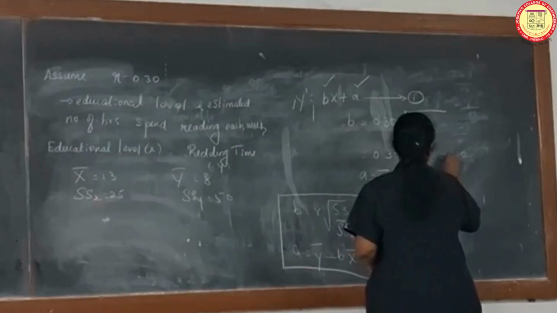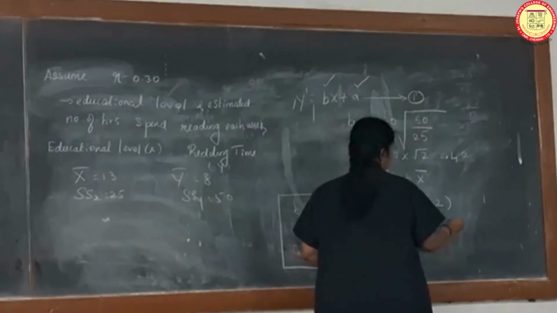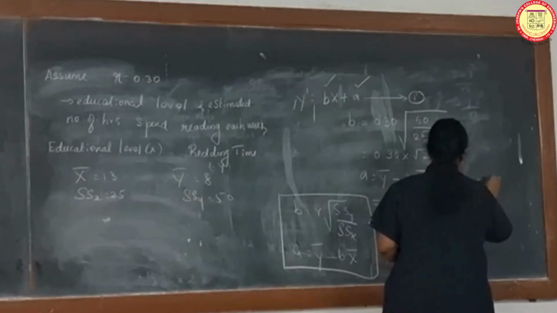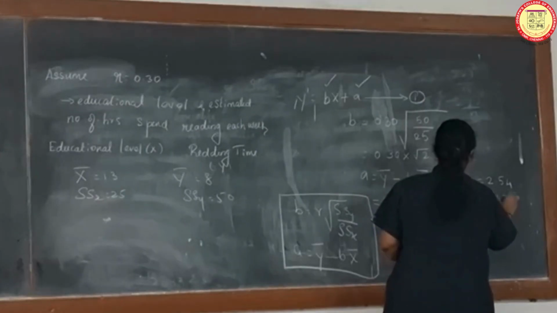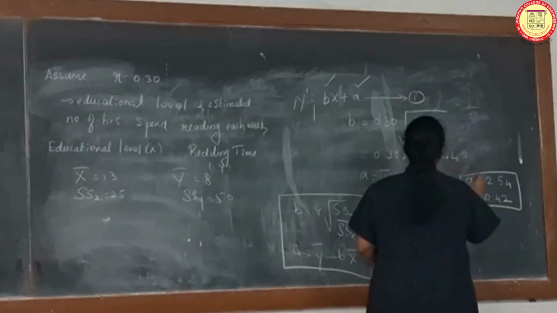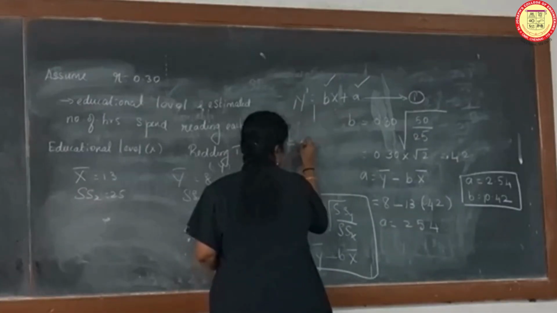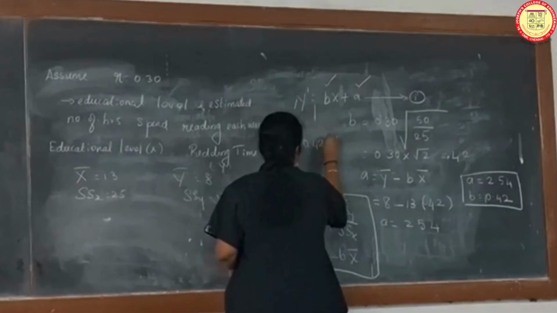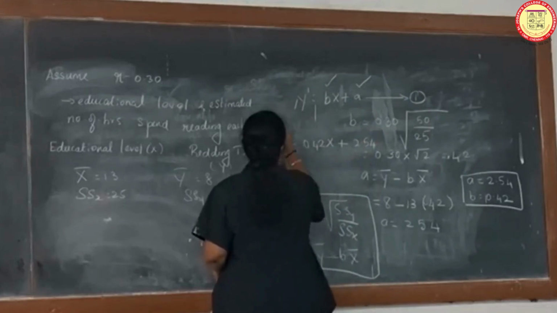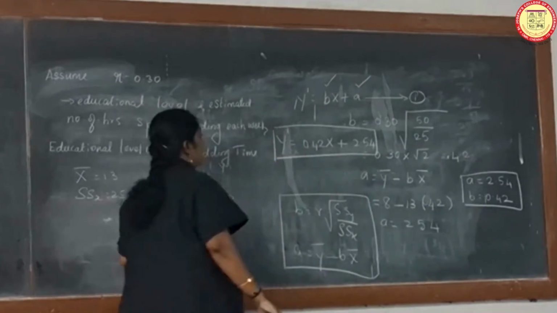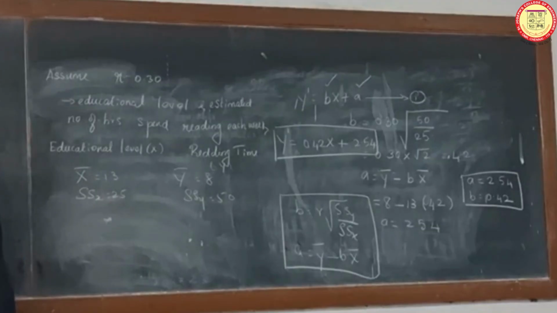Okay, so now we got two values: a is equal to 2.54 and b is equal to 0.42. I have to substitute these two values into equation 1. So the y dash value becomes y dash is equal to 0.42x plus 2.54. This is the final regression line formula by using the linear least squares regression method.